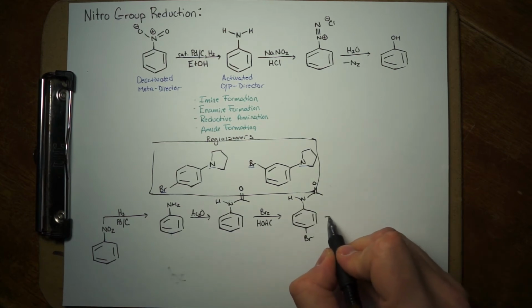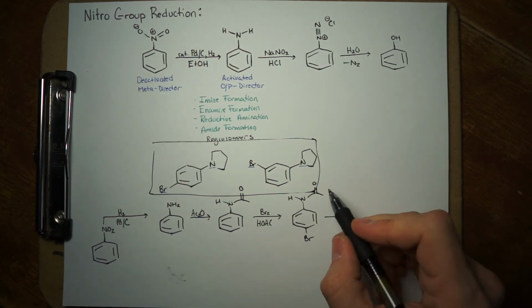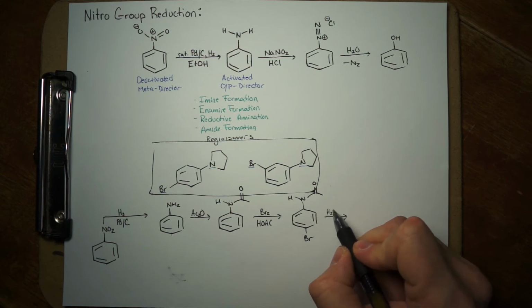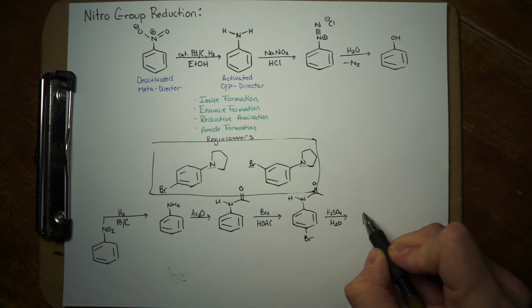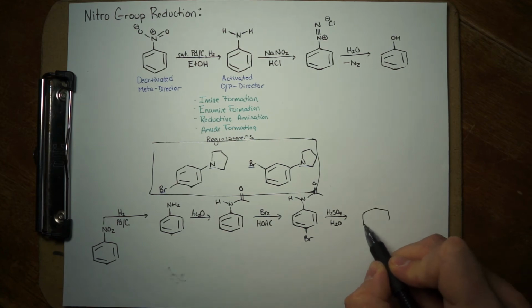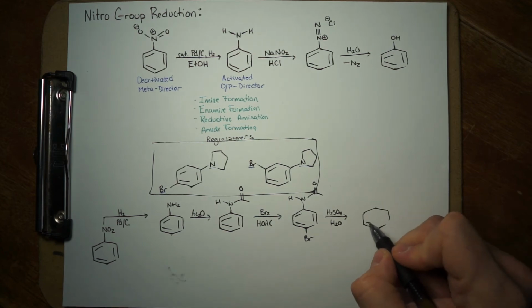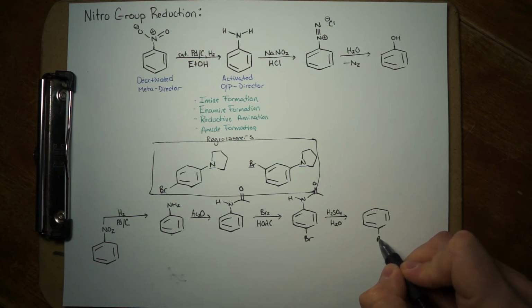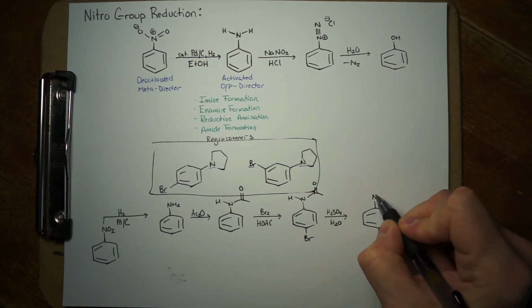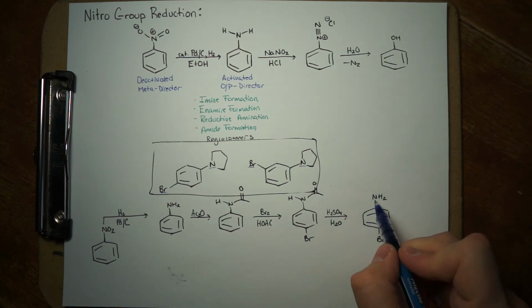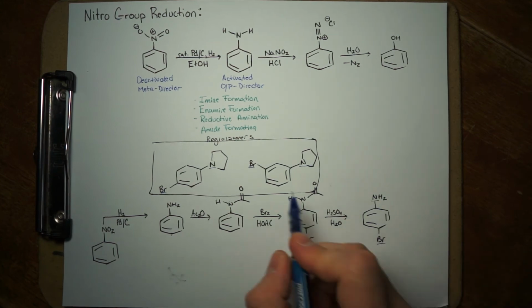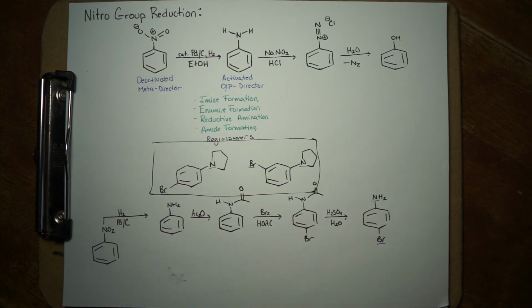And then we can deprotect using acid and water. And that gives us the para-bromoaniline. So you can see we just set up the para relationship between the nitrogen and the bromine, okay?